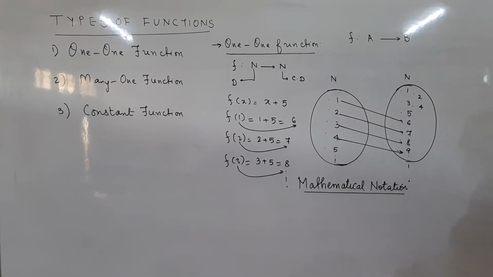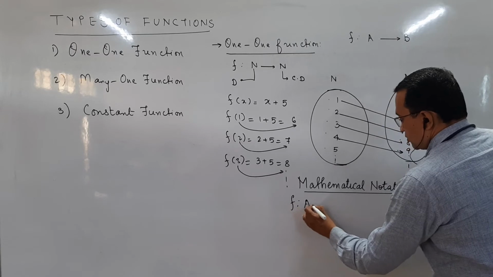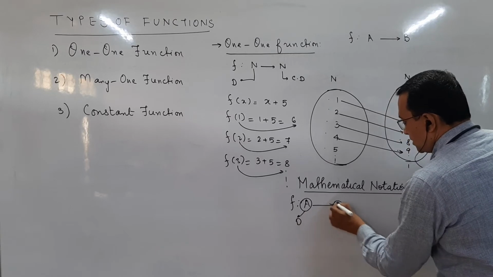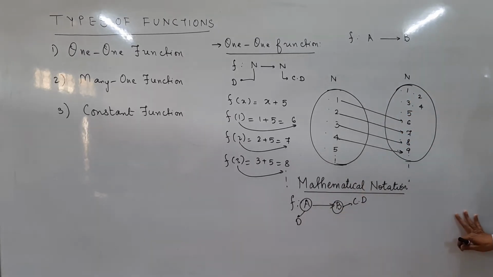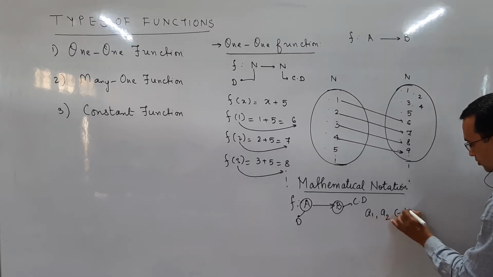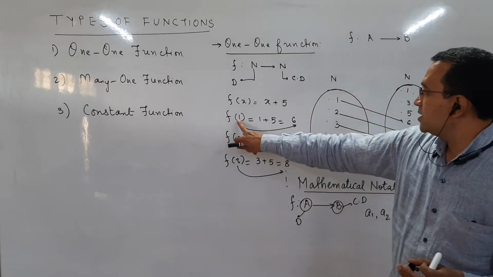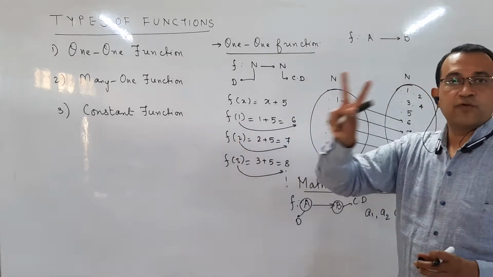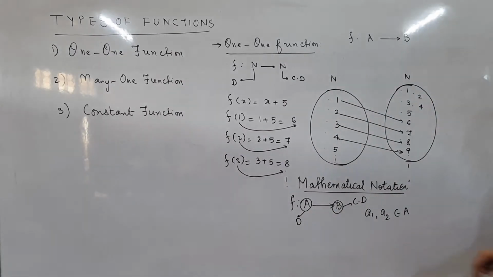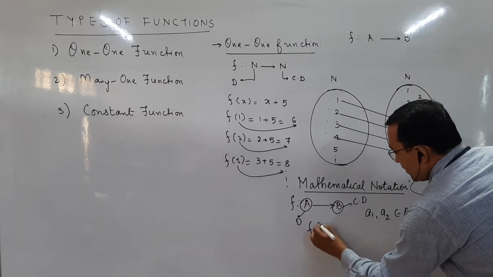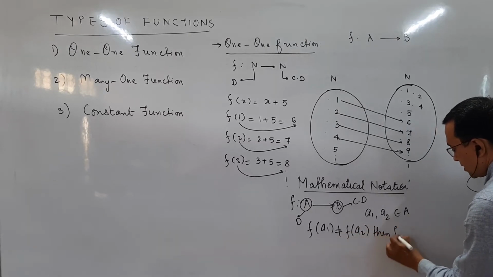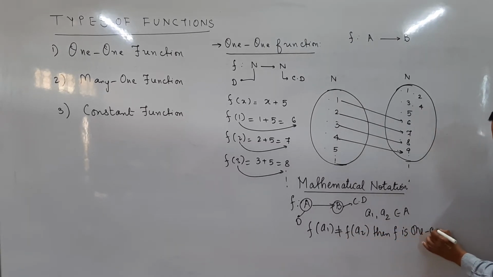f is a function defined from A to B. So immediately the first step, A is the domain and B is the codomain. So for any two elements a1 and a2 of the domain, a1 and a2 belong to A. For example, a1 is 1 and a2 is 2. So for any two elements of the domain, that is symbolically written as a1 and a2 belong to A. If f of a1 is not equal to f of a2, then f is a one-one function.